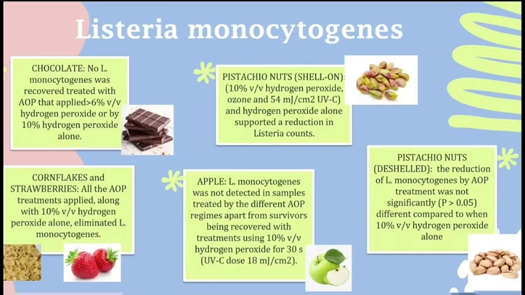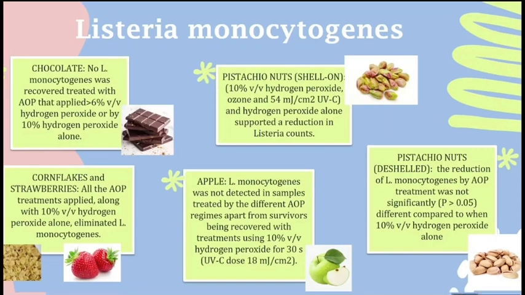For Listeria monocytogenes, I can conclude that the first one, pistachio nut with shell on, the AOP treatment, which is 10% hydrogen peroxide, ozone, and 54 mJ/cm² of UVC dose, and hydrogen peroxide alone, supported a reduction in Listeria counts. The second one is pistachio nut without shell. The reduction of Listeria monocytogenes by AOP treatment was not significantly different compared to 10% hydrogen peroxide alone.